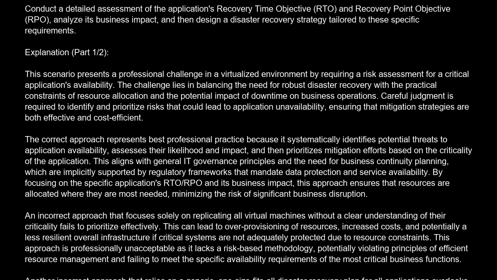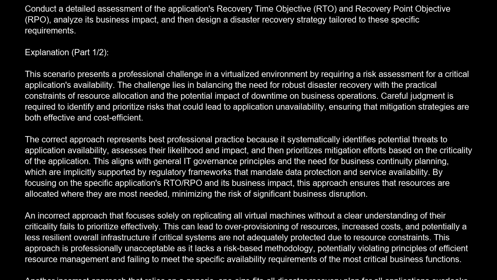This aligns with general IT governance principles and the need for business continuity planning, which are implicitly supported by regulatory frameworks that mandate data protection and service availability. By focusing on the specific application's RTO/RPO and its business impact, this approach ensures that resources are allocated where they are most needed, minimizing the risk of significant business disruption.